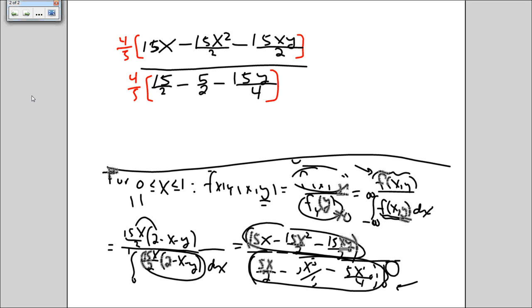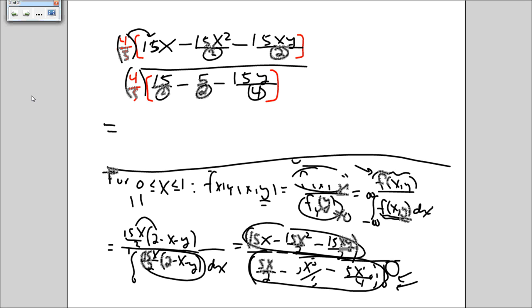And then when you plug in 0, you get 0. Okay. Now, when it comes to all the denominators, 4 is the first common multiple. So that's what motivates me to multiply top and bottom by 4. Why do I also divide top and bottom by 5? Because 5 goes into the top and the bottom.